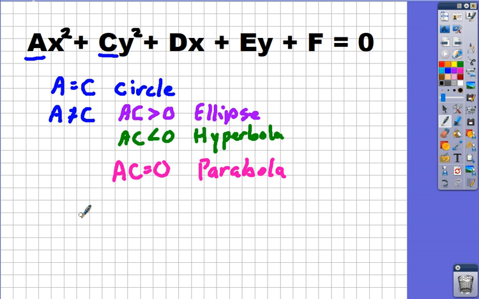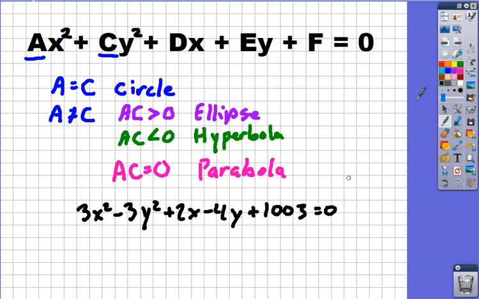So let's say we've got 3x squared minus 3y squared plus 2x minus 4y plus 1003 equals 0. Well, all we're going to do is we're going to hone in on A and C. We're going to multiply 3 times negative 3.